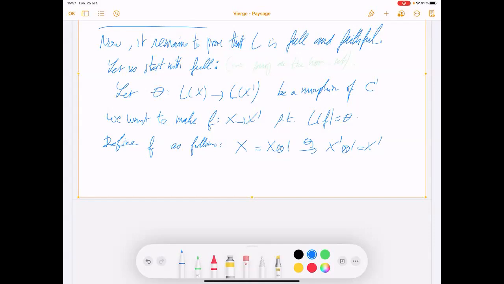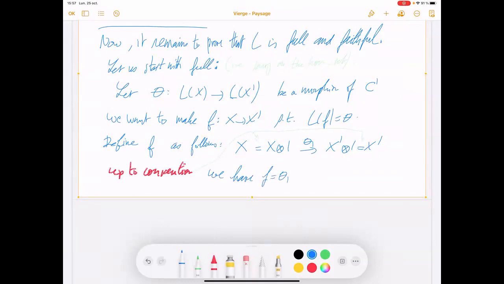So up to this convention, F equals theta 1.